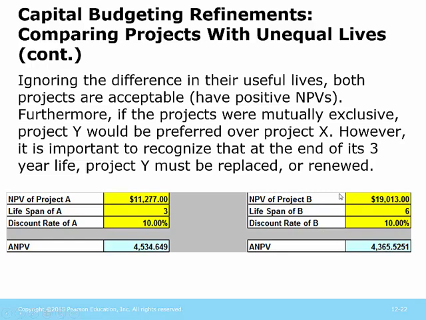If we do the exact same thing to Project B, its annualized net present value, the $19,000, looked at how it could come in on an equal basis each year of the project's life, is only $4,300. So Project A provides more of its net present value on an annual basis than Project B does.